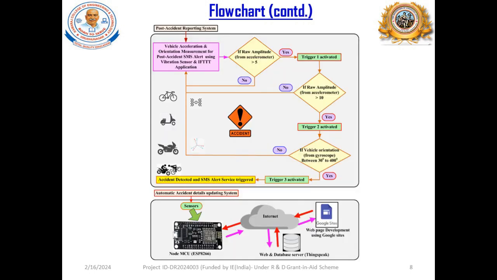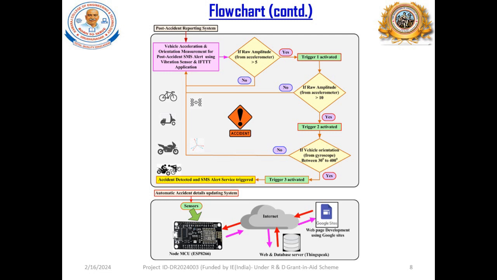This is the flow chart for the post-accident reporting system. Again, it consists of the MPU 6050 vibration sensor. Here, 3 triggers are generated to detect the accident. The first one is the raw amplitude calculated from the accelerometer. If the raw amplitude value is greater than 5, trigger 1 is activated.